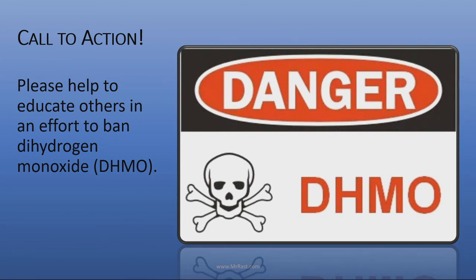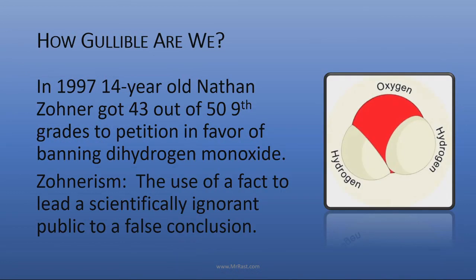Most of these deaths are caused by accidental inhalation of DHMO in its liquid form, but the dangers of dihydrogen monoxide do not end there. Prolonged exposure to its solid form causes tissue damage, and contact in its gaseous form causes burns. Dihydrogen monoxide is used widespread.